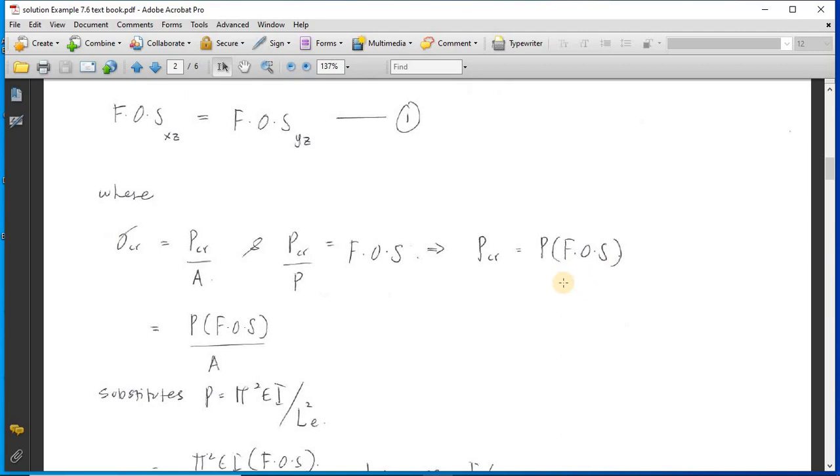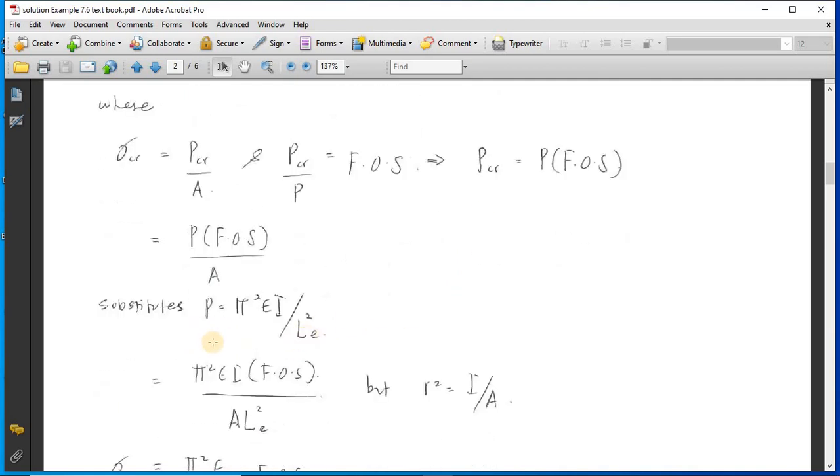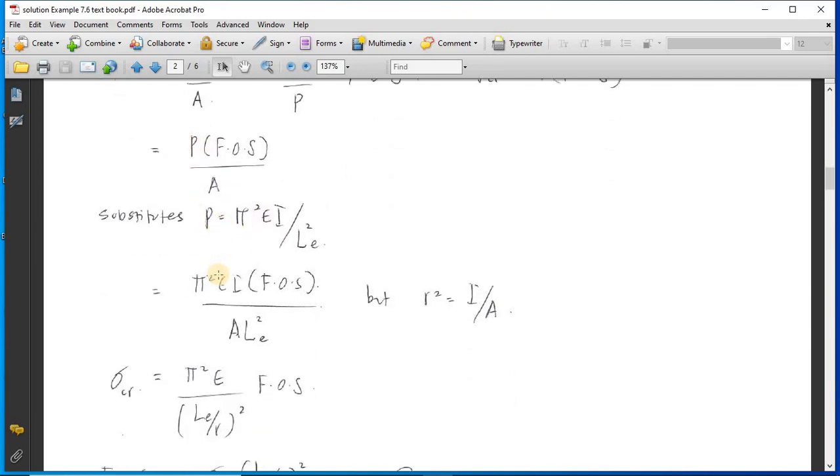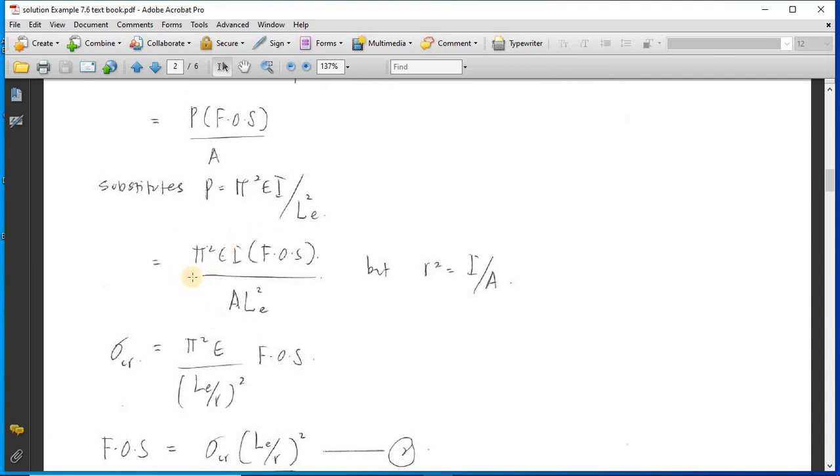By substituting PCR equal to P multiplied by FOS into this equation, you will get sigma CR equal to P FOS divided by the area, where we have defined that P FOS is equal to PCR. Then substitute Euler's formula into this equation, and you will get pi square EI multiplied by the FOS divided by A LE square.